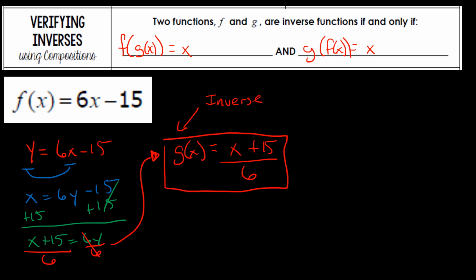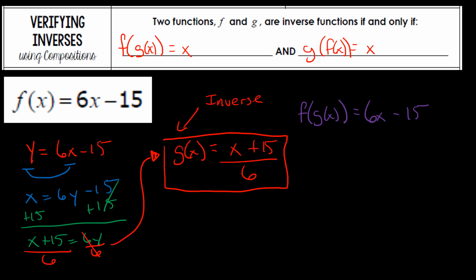To just do a quick check, if this is true, when I plug in my original equation or the inverse into the opposite one, we should just get x. So if I do that, let's do f of g of x. In other words, I'm going to take my equation for f of x, which is 6x minus 15, and I'm going to put g of x everywhere I have x.